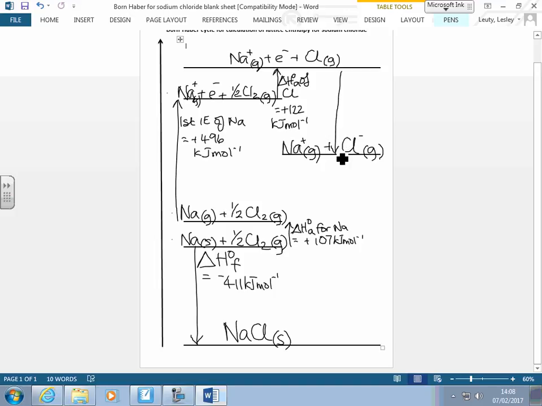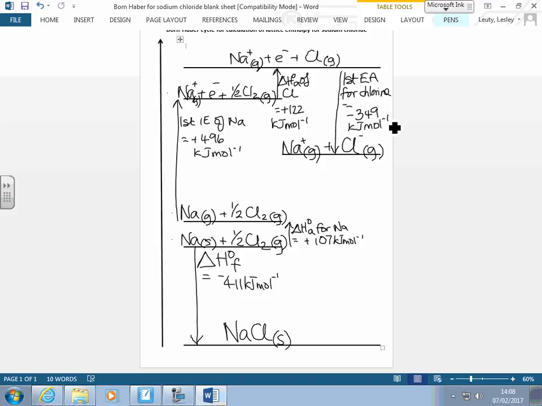Not ideal. But this is our first electron affinity for chlorine. And that's a value of -349 kilojoules per mole. And yeah, so wishing I'd not bothered with the units.